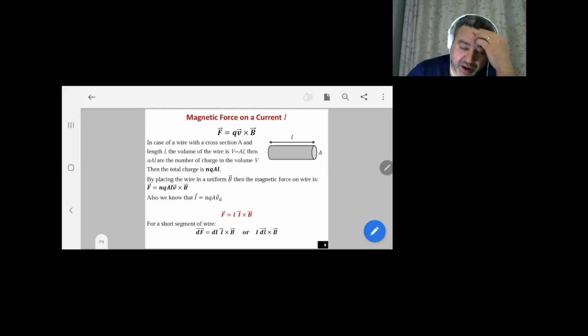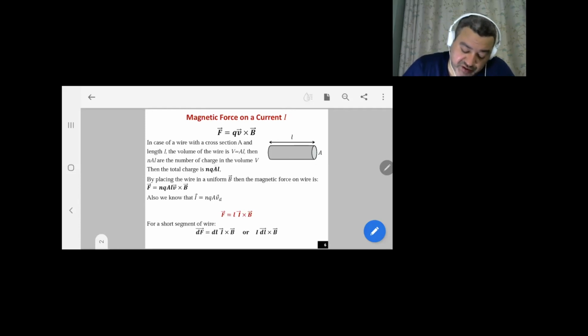Now, what happens if I have a wire that has n charges? Then I have to look at the volume of this wire, which is the length times the cross section of the wire. If I have n charges per volume in that wire, then the total number of charges would be n times A L. This is the total number of charges times the Q as the charge inside this wire.